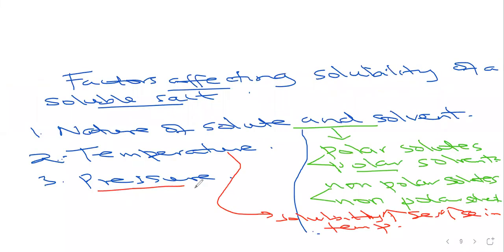Then the last factor here is pressure. How does pressure affect solubility? The effect of pressure is negligible for a solid, because high pressures are required to affect volumes of liquids, and extremely high pressures are required to affect solubility of solids.